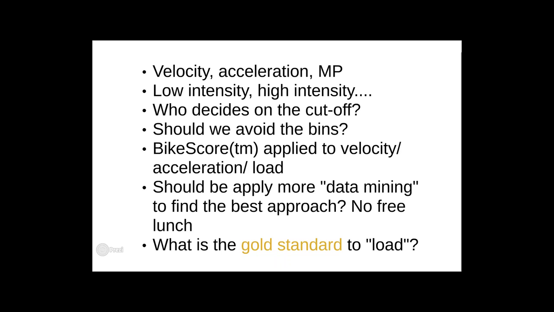We can still use the bins, but we can also provide something that's similar to Bike Score. And Bike Score is a brainchild of Philip Skiba, applied to cycling. So basically, they try to summarize the whole performance of the session and give it a kind of training load score.